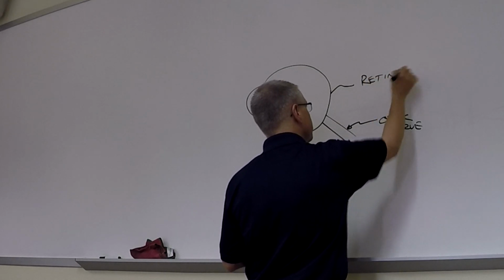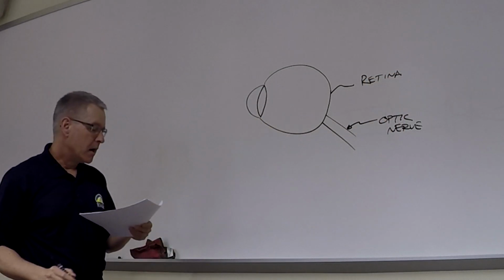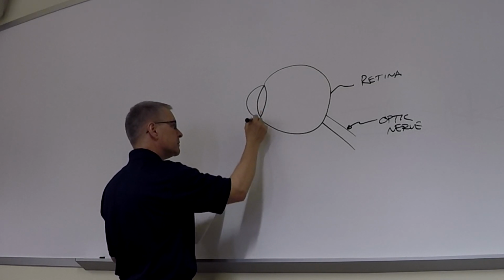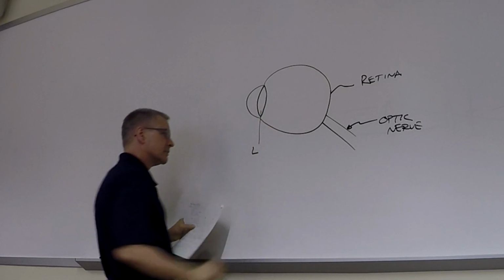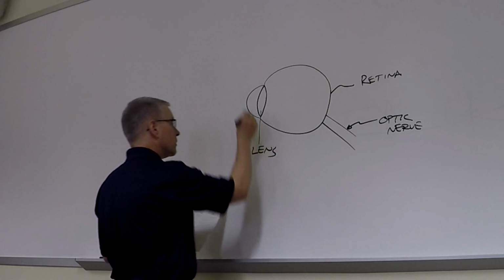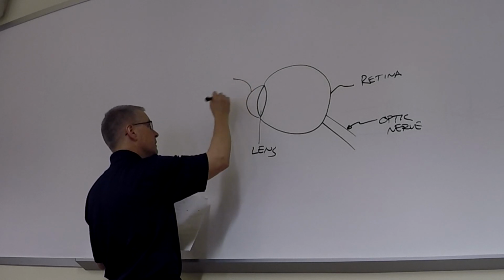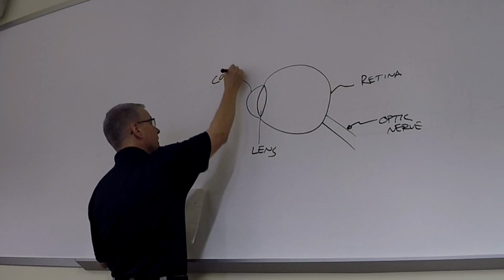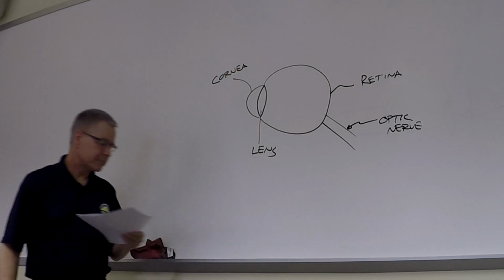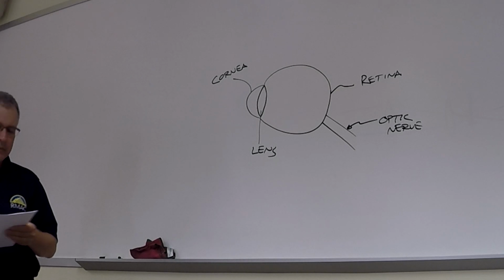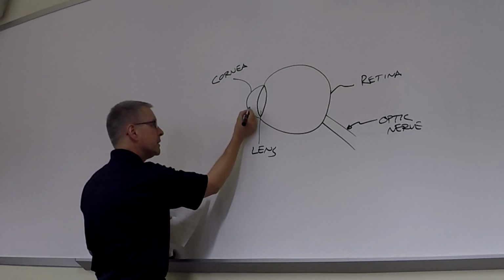Let's do the cool stuff here. What's this piece here? That's the lens. What's this here? So far, so good. What's inside here?